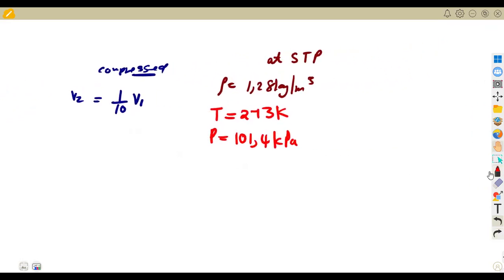My idea of the question was that at STP conditions, from the density, there is a mass of 1.28 kilograms corresponding to each cubic meter, when the volume is 1 cubic meter.